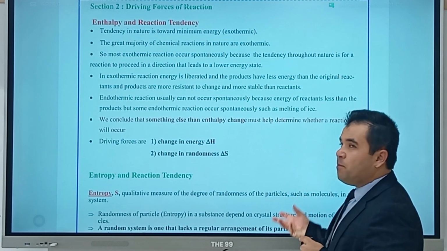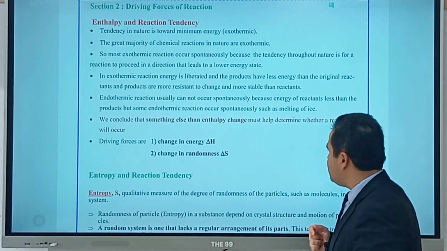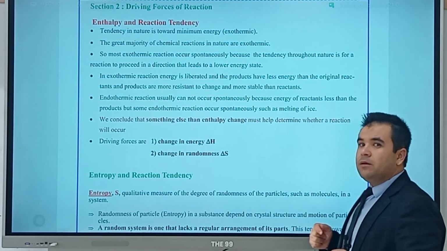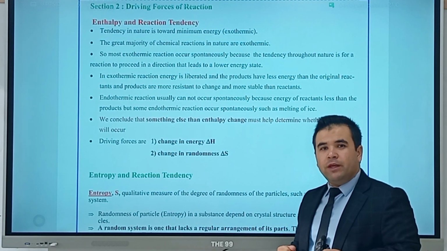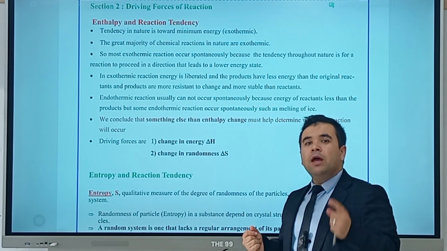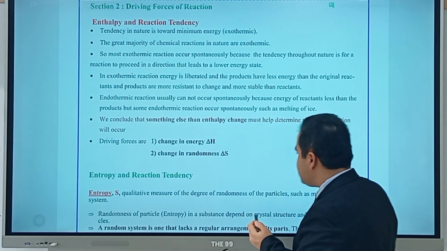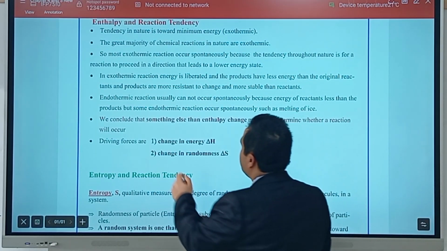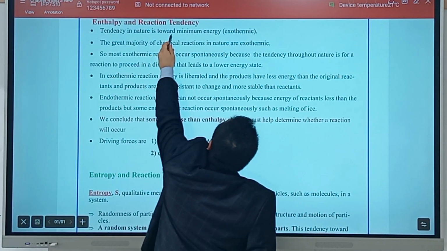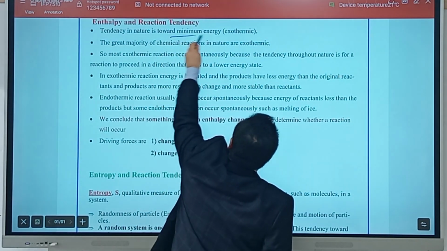Let us provide some revision for the enthalpy, and then we'll be talking about the second driving force. The enthalpy is the first driving force for the reaction, and the second one is the entropy. We'll be talking about it in detail. According to the enthalpy, the tendency of reactions in nature is toward the minimum enthalpy.